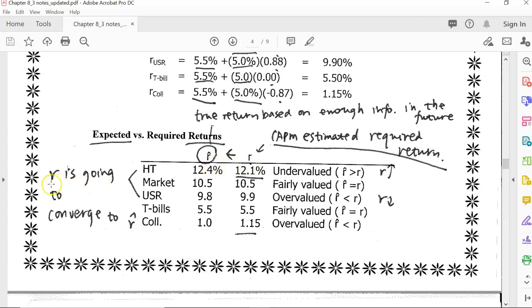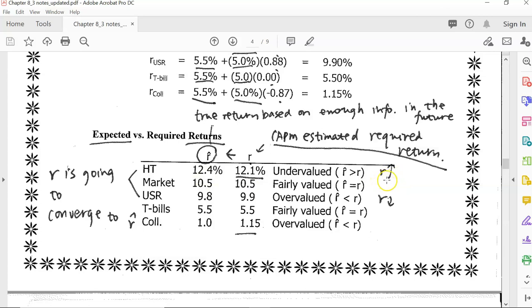And we say Ri, the estimated return from the model, is going to converge to R hat, the true return. That's why when Ri is lower than R hat, in the case for high tech, we say high tech is undervalued, because we think the estimated return Ri is going to converge to the true return R hat.